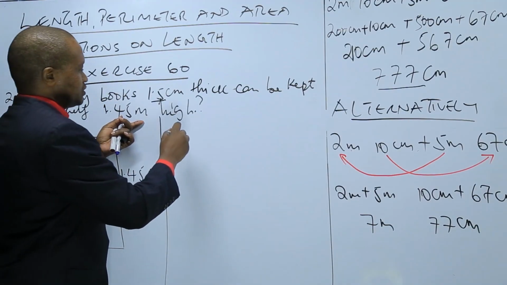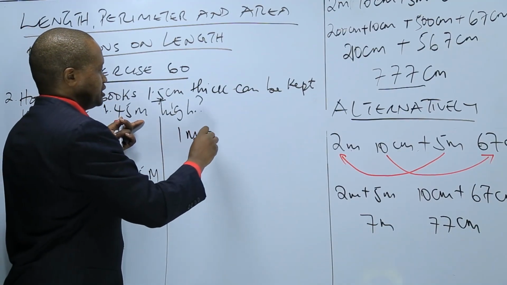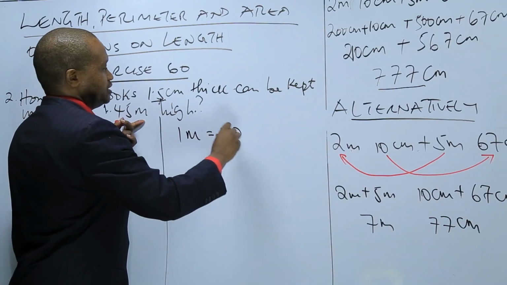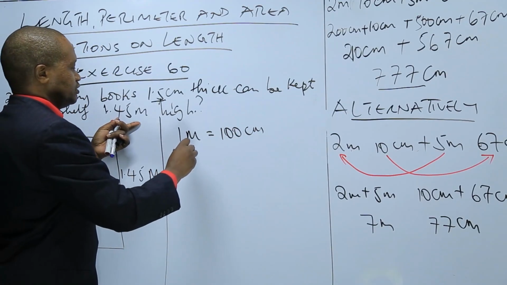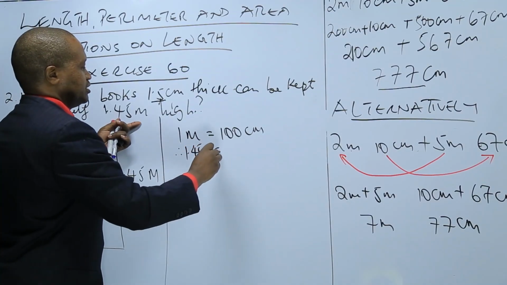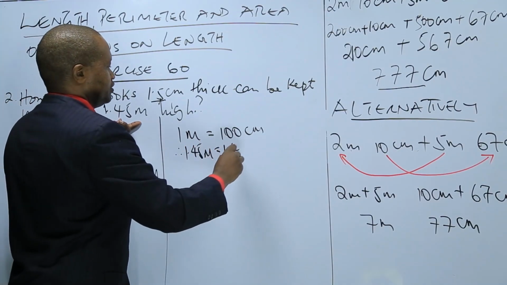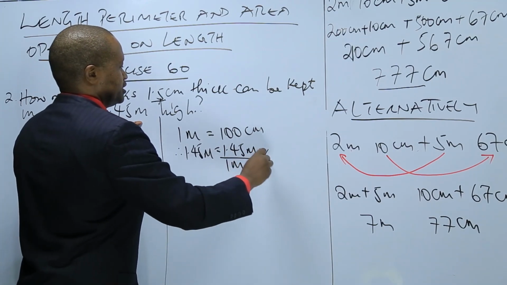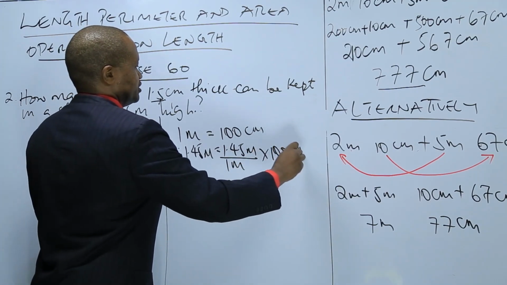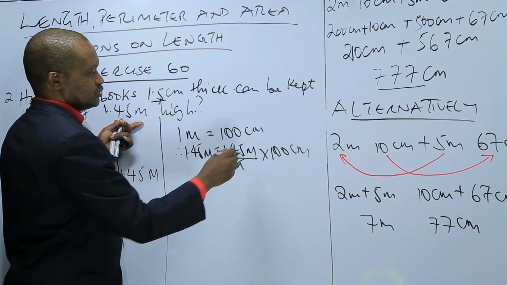We know that 1 meter is equal to 100 centimeters. Therefore 1.45 meters will be equal to 1.45 meters divided by 1 meter times 100 centimeters. This meter will cancel this meter.